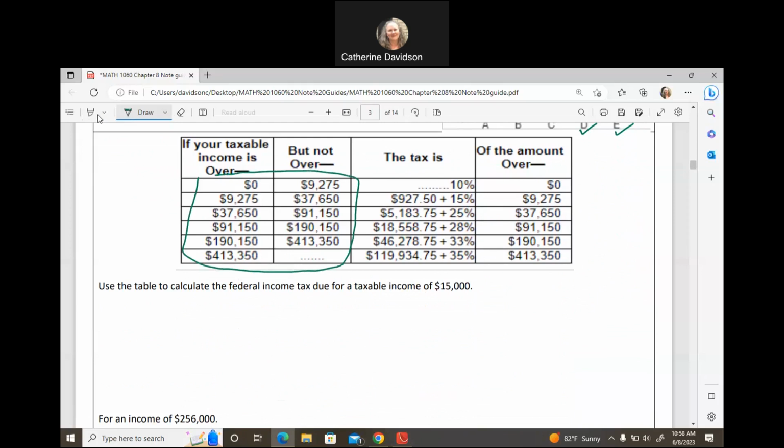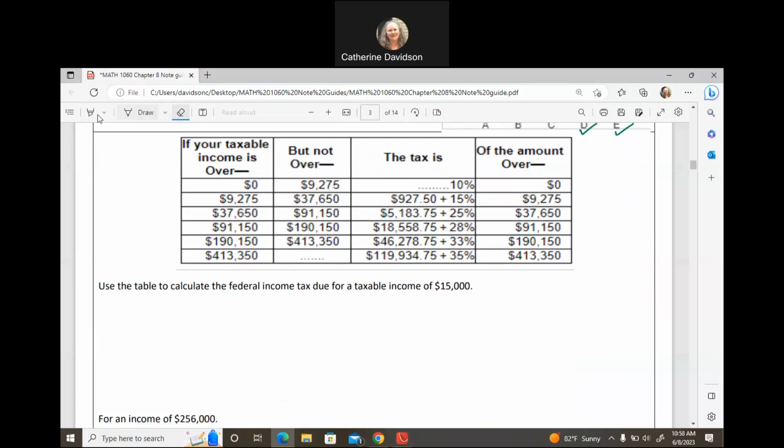Okay, so first of all, you would find out where your income falls. And then you would use that row. So say if our income fell in this range here, then we use this information here to calculate what the tax is going to be.